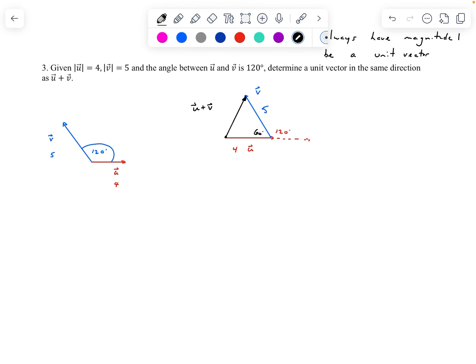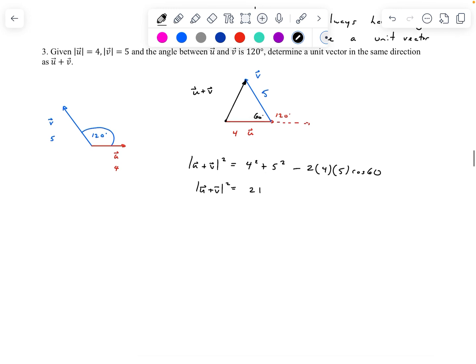So I can find the magnitude of U plus V squared is equal to 4 squared plus 5 squared minus 2ab cos C. Put that in my calculator. I get 21. And I get the magnitude of U plus V is root 21.